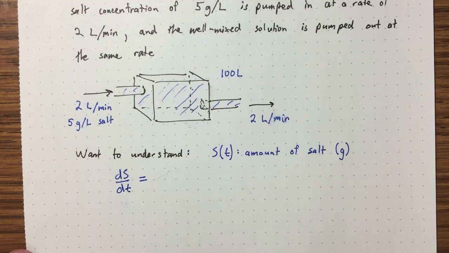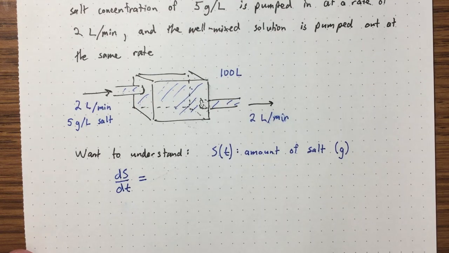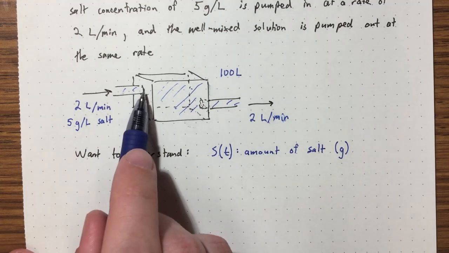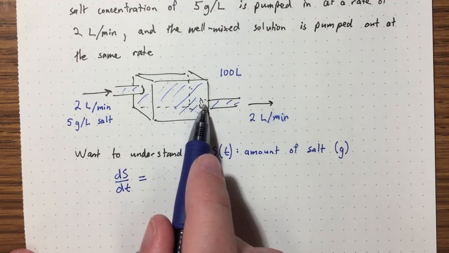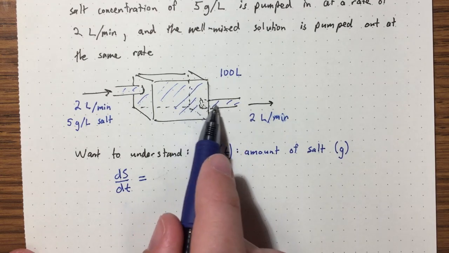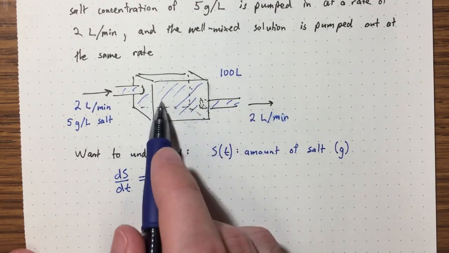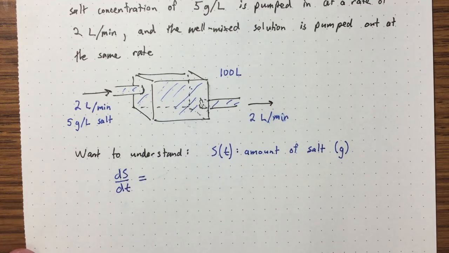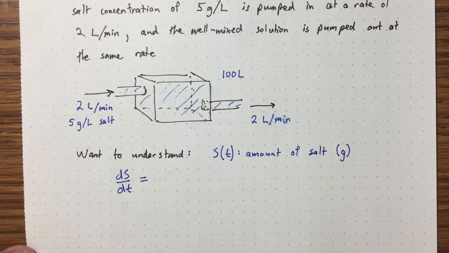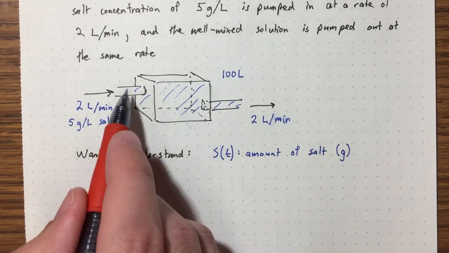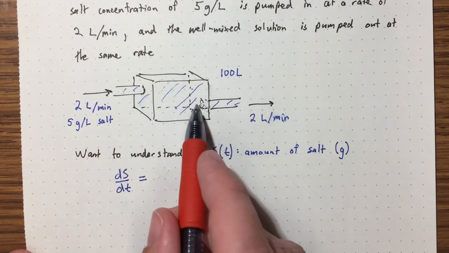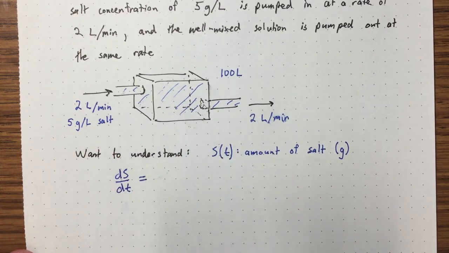Let's think about that for a minute. Well, it's changing in 2 ways. There's some salt coming into the tank in this salt water here. Then there's also some salt leaving the tank in a maybe more complicated way. That's going to depend on how much salt is dissolved in the tank at any given time. So a typical setup here is we're going to have some contribution from this incoming pipe and some contribution from this outgoing pipe.